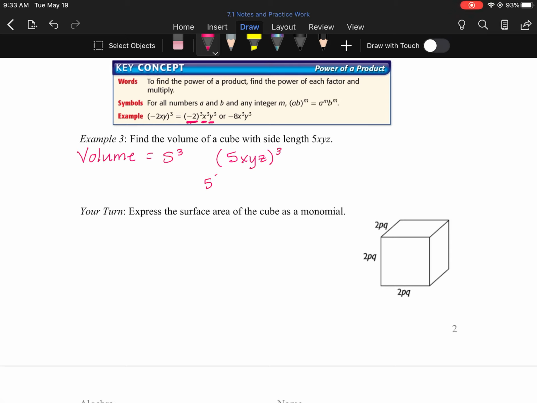So that means 5 cubed, x cubed, y cubed, z cubed. And the only thing I need to do to simplify this is I cannot leave a number raised to an exponent because that's not simplified. So I need to take 5 times 5, which is 25, times another 5 is 125. And then we just leave it x cubed, y cubed, z cubed.